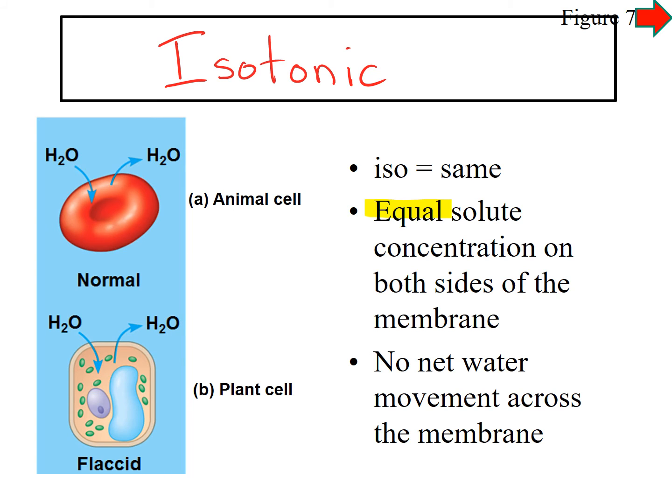So most of the cells in your body are going to be in an isotonic solution, because if the solute concentration is not isotonic, it is going to either gain or lose weight. And that's what we're going to talk about next. And that gain or losing weight, what I mean is that they will gain or lose water.